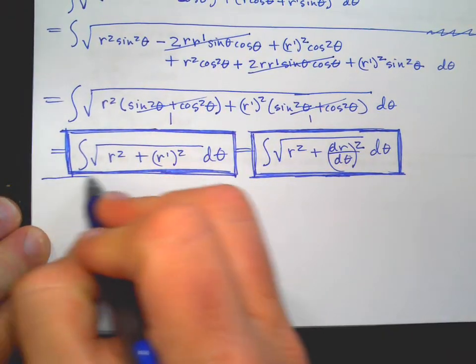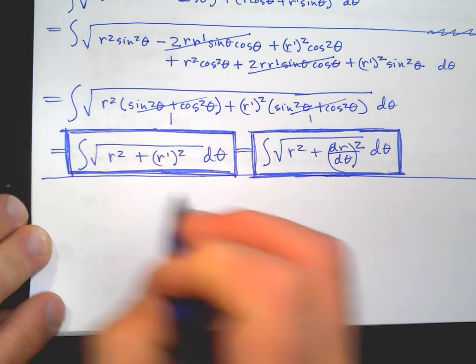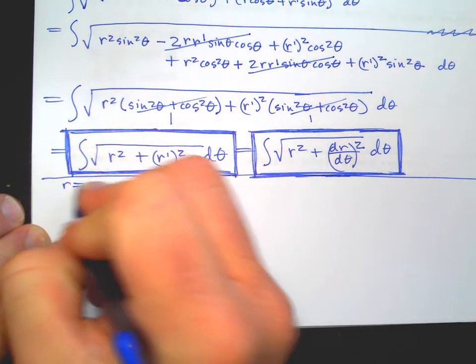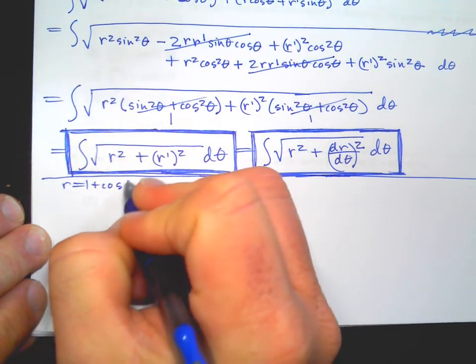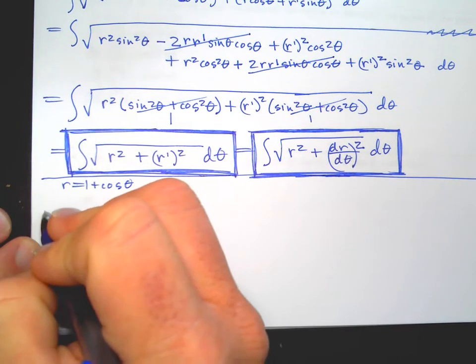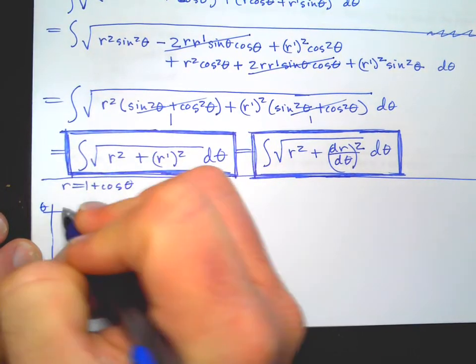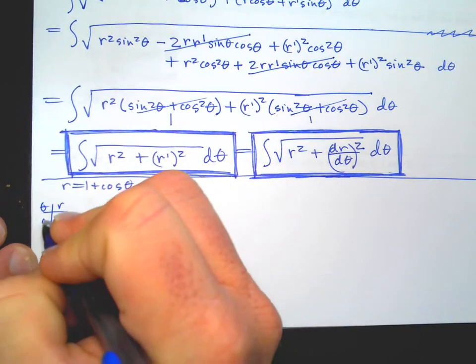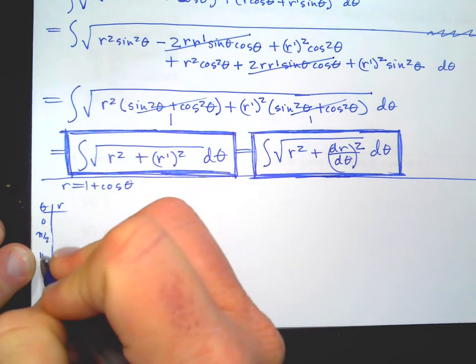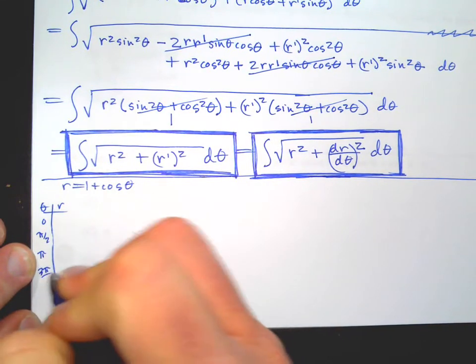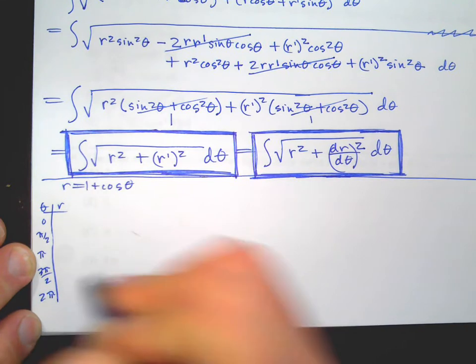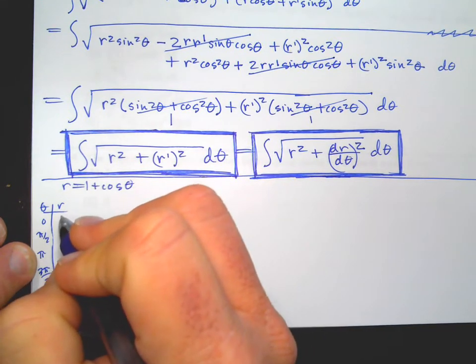So let's do a quick example and show how this works. r equals 1 plus cosine theta. Just a quick, simple cardioid. I'm going to do a quick sketch. Not that I think the sketch is going to help us on these ones, but why not?